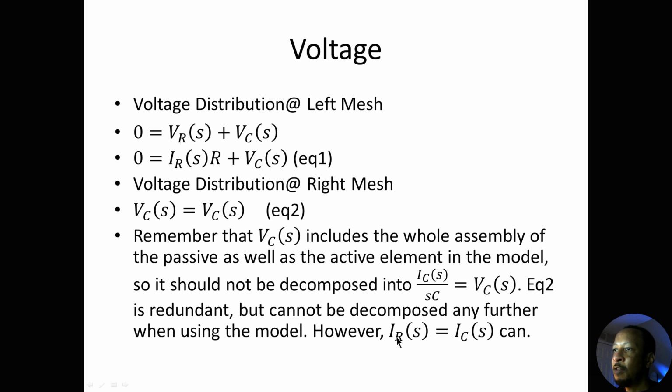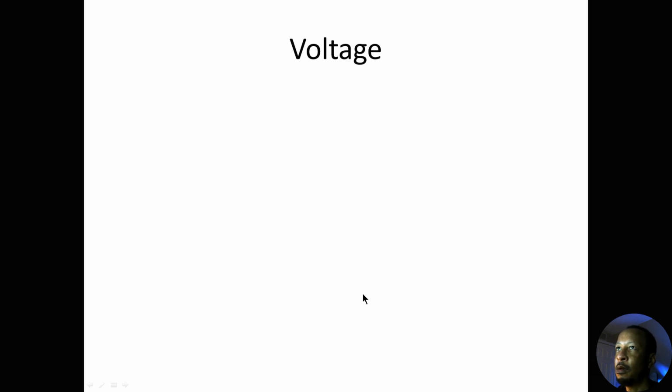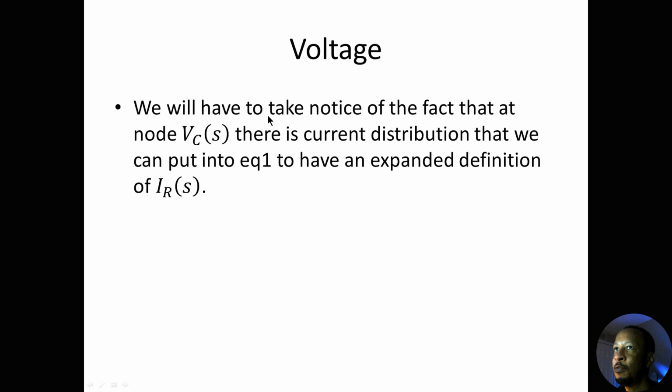However, IR of S equals IC of S can. Okay, so we will have to take notice of the fact that at node VC of S, there's current distribution that we can put into equation 1 to have an expanded definition of IR of S.